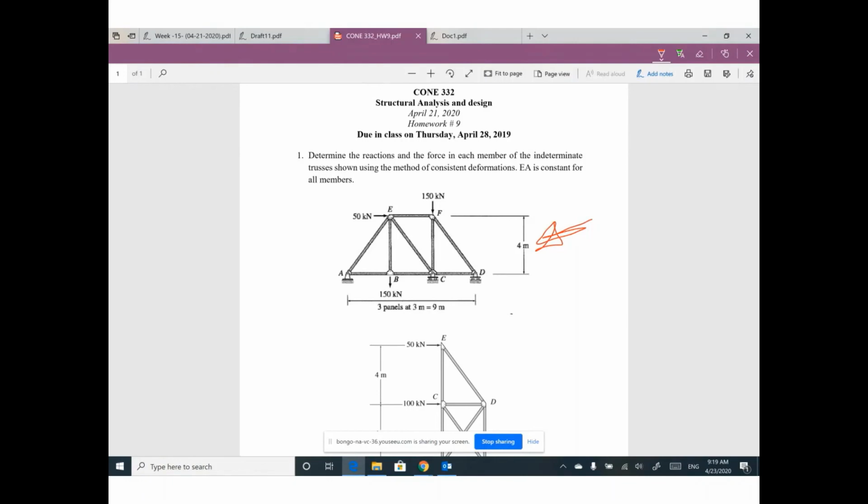Yeah, because I don't have a cross. If you don't have a cross diagonal, your truss will be externally indeterminate. Try to figure out how to remove the extra reaction. Go ahead. We have a reaction here. We have 2 reactions here. So I think the best scenario, you can remove this one or this reaction.